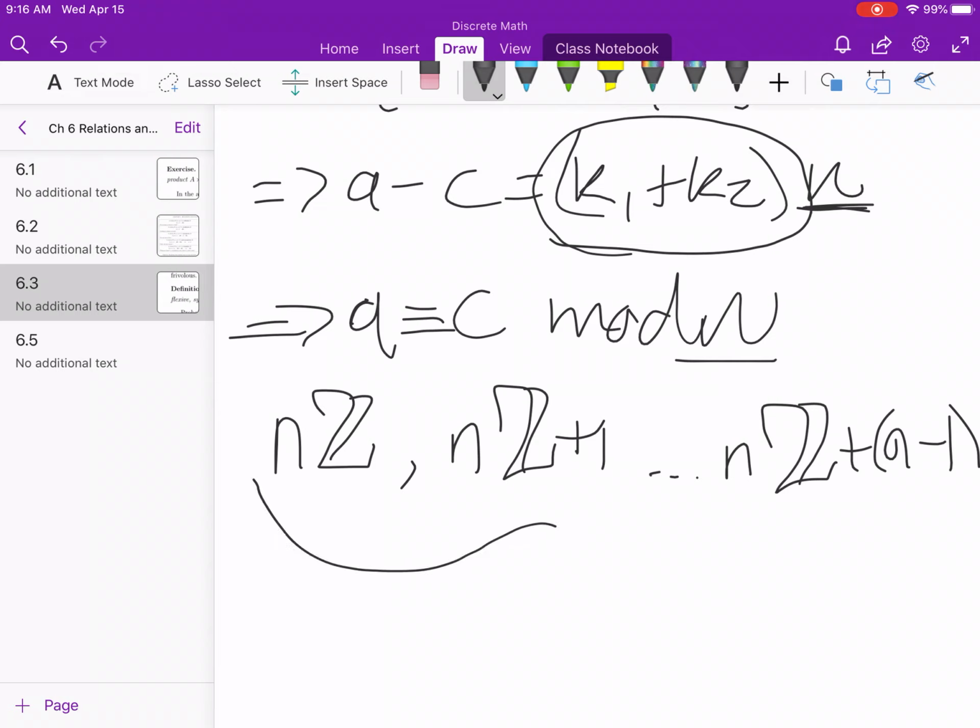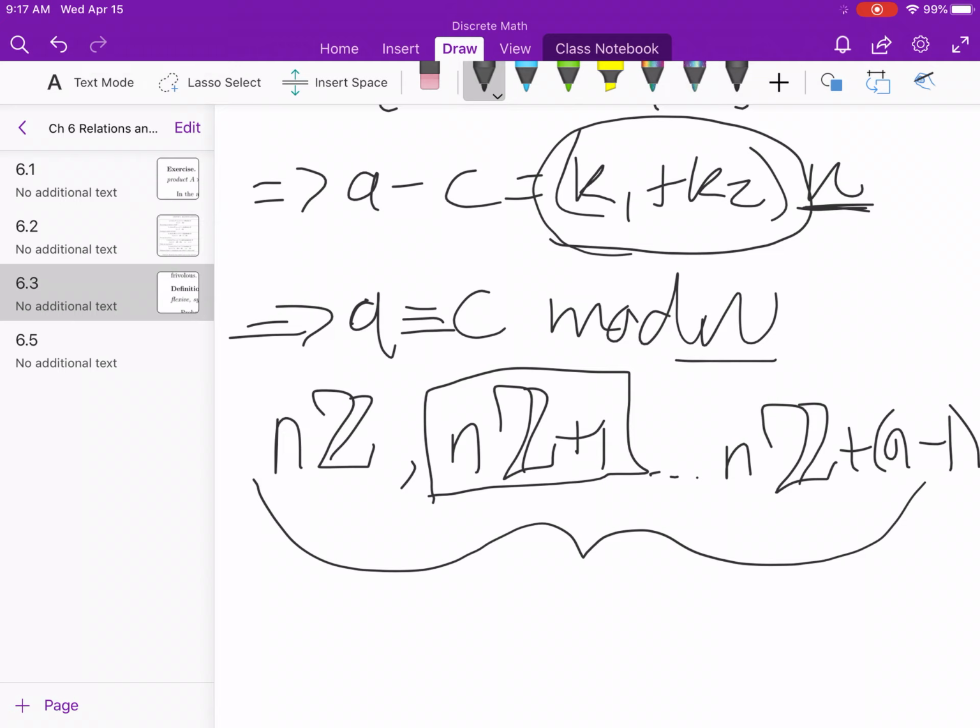So these are what are referred to as equivalence classes mod n. And if something is in this equivalence class, like things in, let's say, nz plus 1, all of the values in nz plus 1 in this set are going to be equivalent.